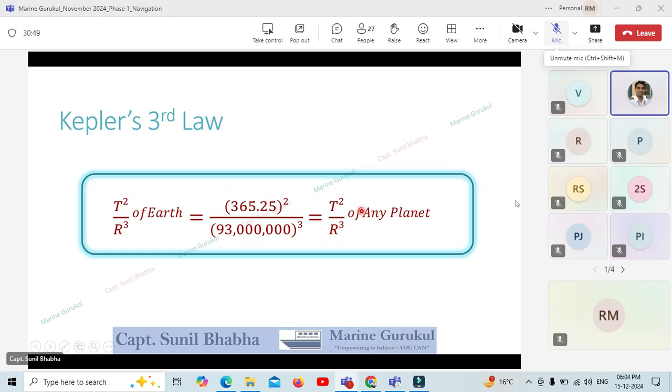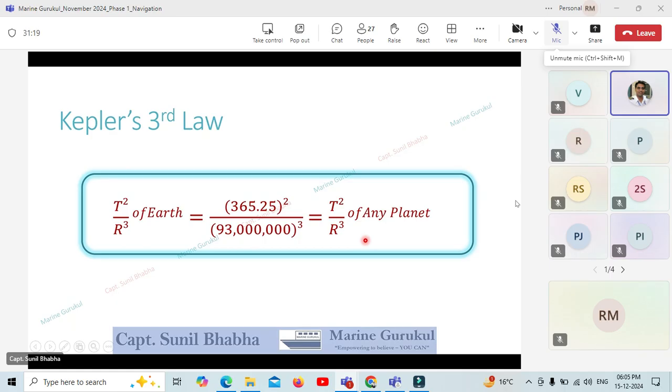If we are given the orbital radius or the orbital time period of any of the planets, one of these two items is provided to us. By using this relationship, we can easily find out the second unknown item. If the orbital time period of a planet is given, we can put that in this relationship and obtain its orbital radius. And the opposite is also true.